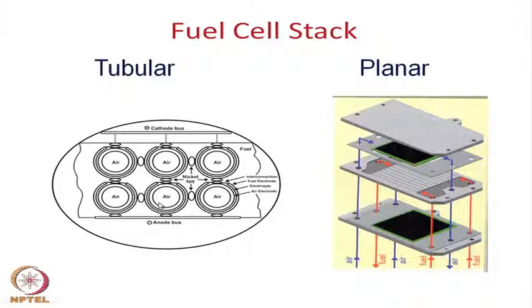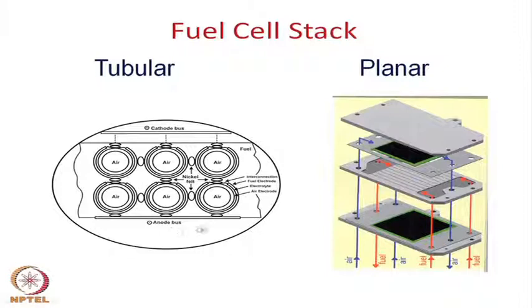Once the single tubes are fabricated, stacking is relatively easy in this case, and in between you have high temperature contacts, generally some kind of nickel felt, which also acts as vibration absorbers.